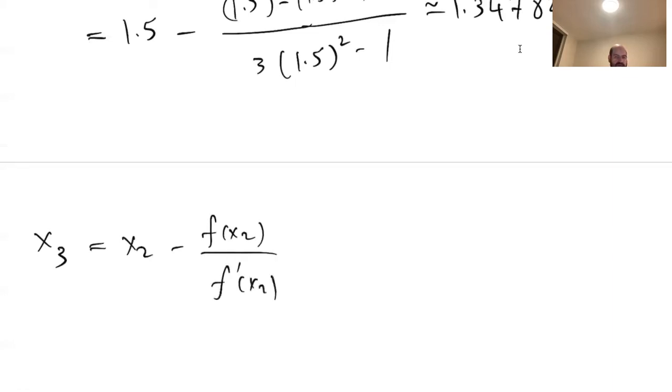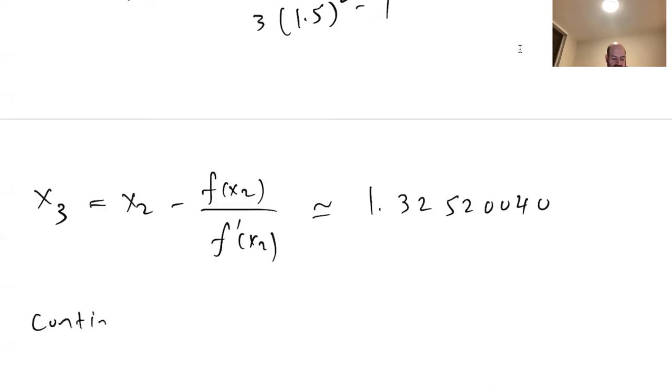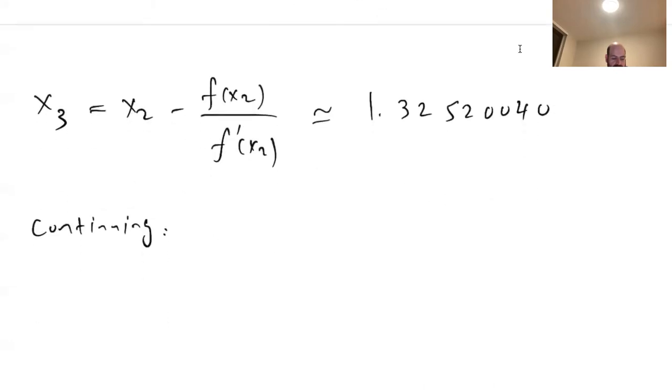Now let's continue our process. x3 is x2 minus f of x2 over f prime of x2. If we do the calculation, this will be almost equal to 1.32520040. Now if we continue, then x4 will be almost equal to 1.32471817.